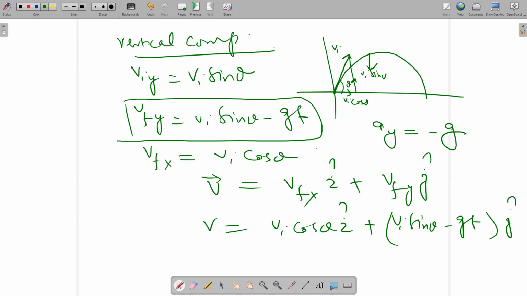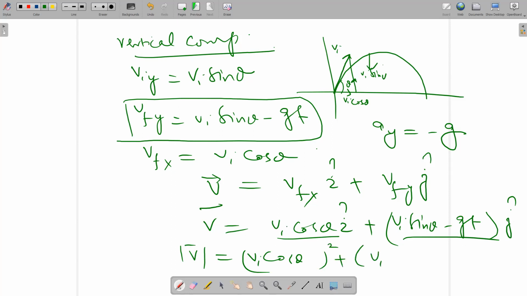So the complete equation is this one. So you can find the magnitude of this one, square of this one and square of this one. So this is the square root of (Vi cos of theta) whole square plus (Vi sine of theta minus gt) whole square. So in this way you can find the velocity. Okay.